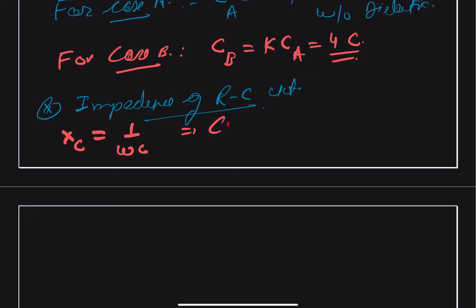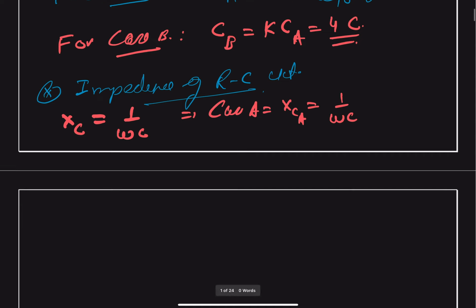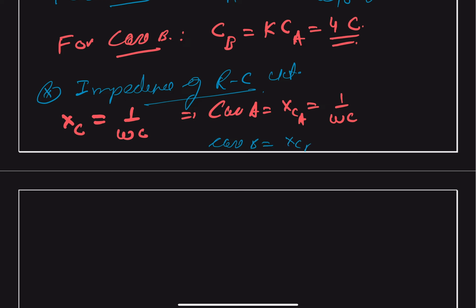For case A, XCA will be equal to 1 upon omega C, and for case B, XCB will be equal to 1 upon omega 4C, which can be written as 1 upon 4 omega C, and this comes as XCA divided by 4.